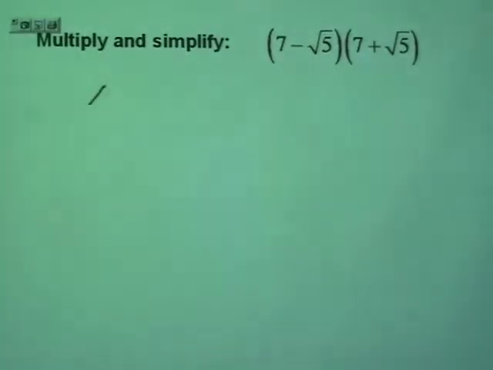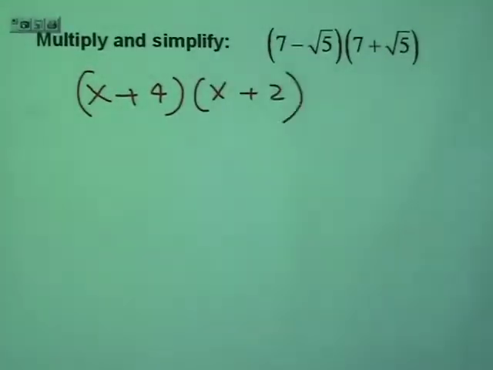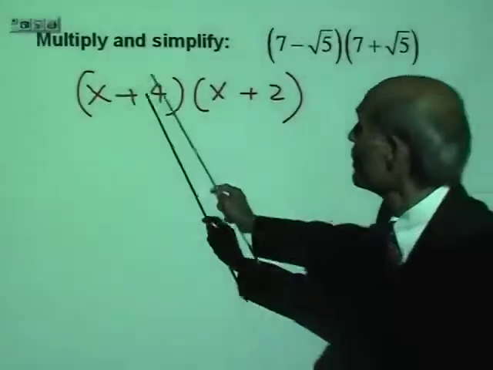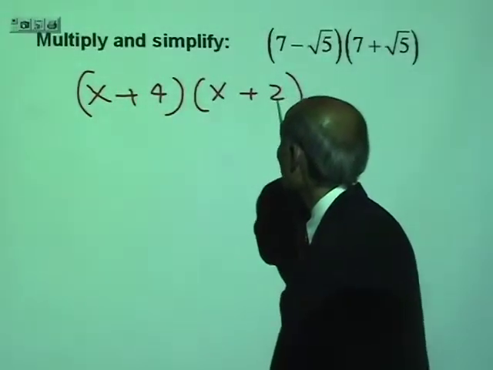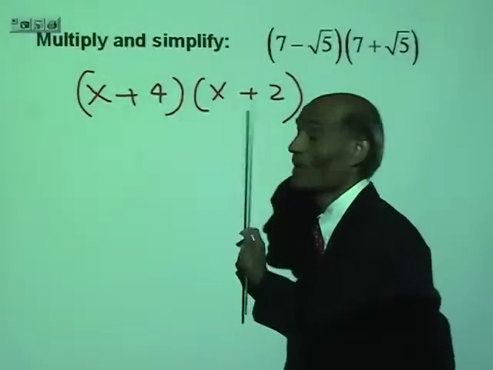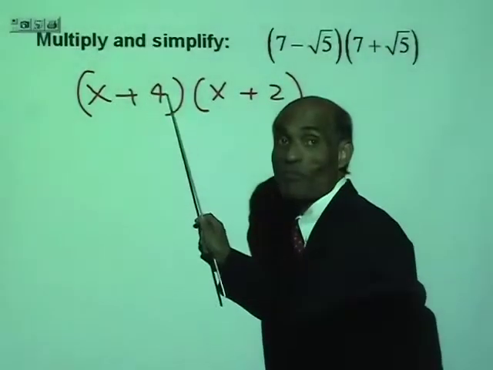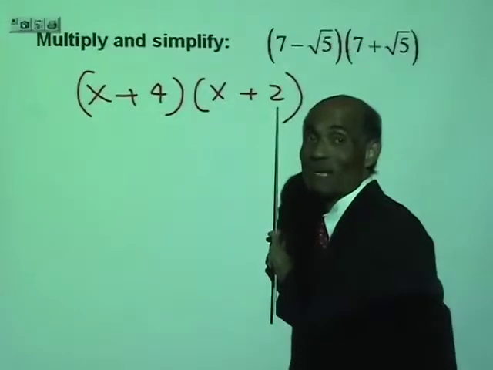Suppose I want to multiply x plus 4 times x plus 2. What's the method we used? Alright, watch this carefully if you have difficulty. First we take x, and now this is what we generally do. Take x and multiply it with each of the terms inside here, and then multiply 4 with each of the terms.